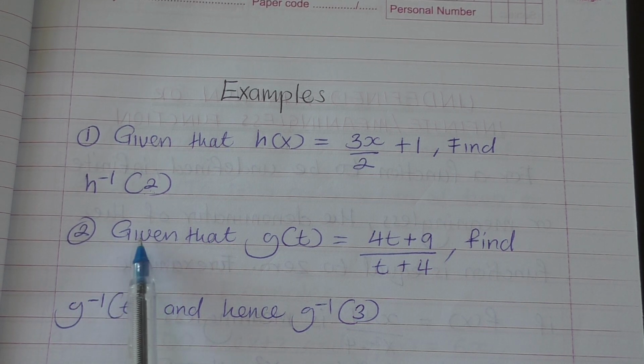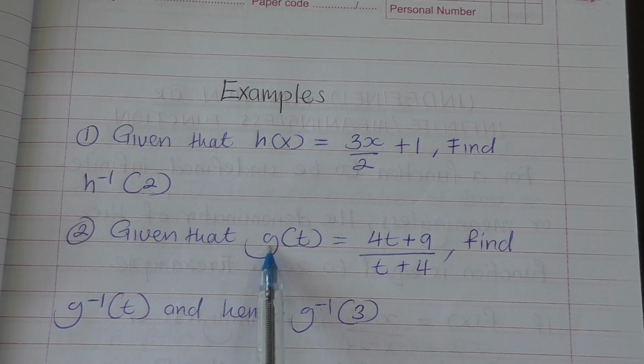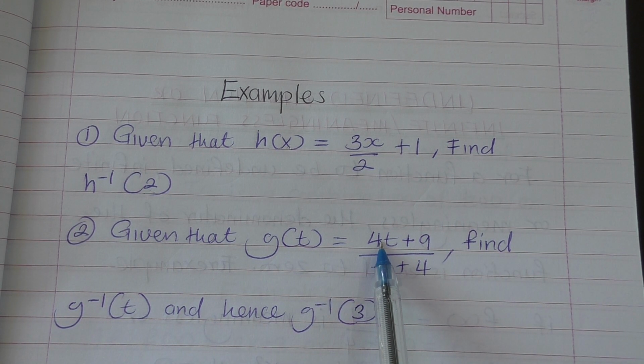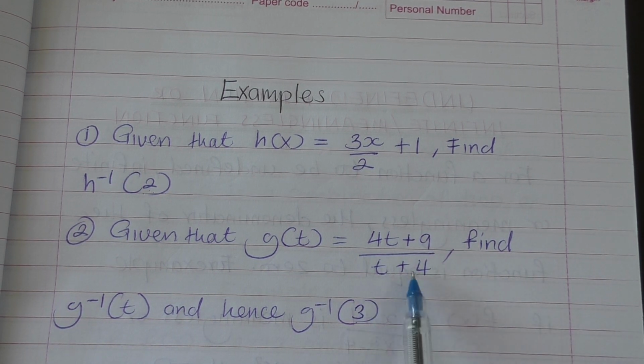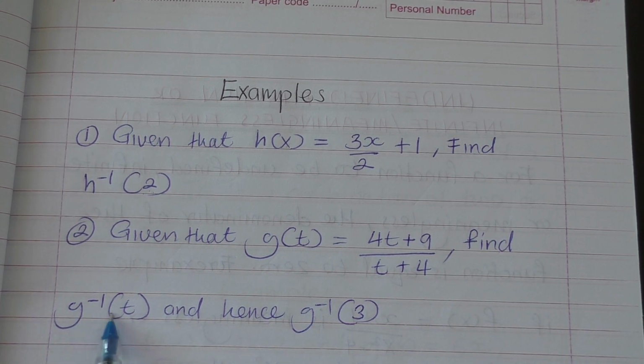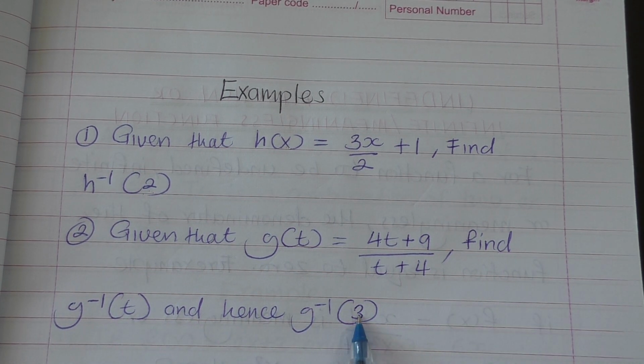Example 2 says that given that g of t equals 40 plus 9 over t plus 4, they want us to get the g inverse of t and hence g inverse of 3.